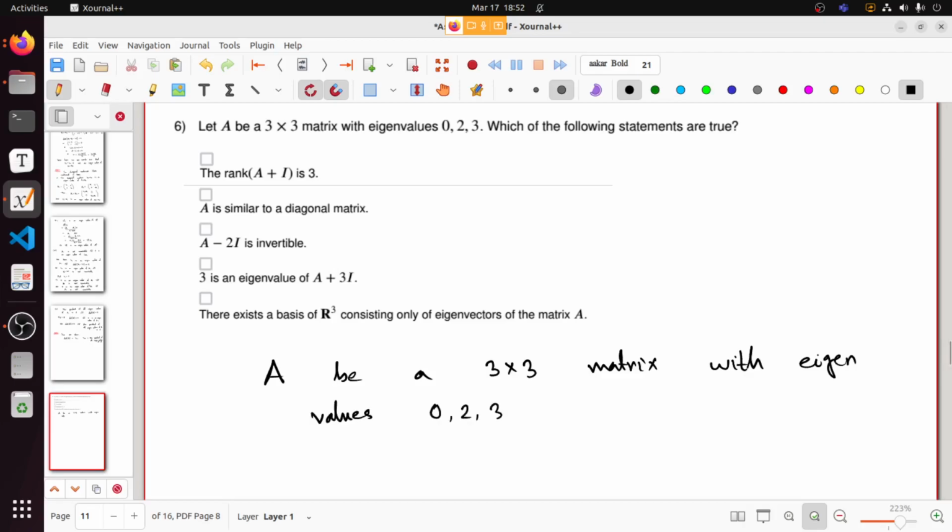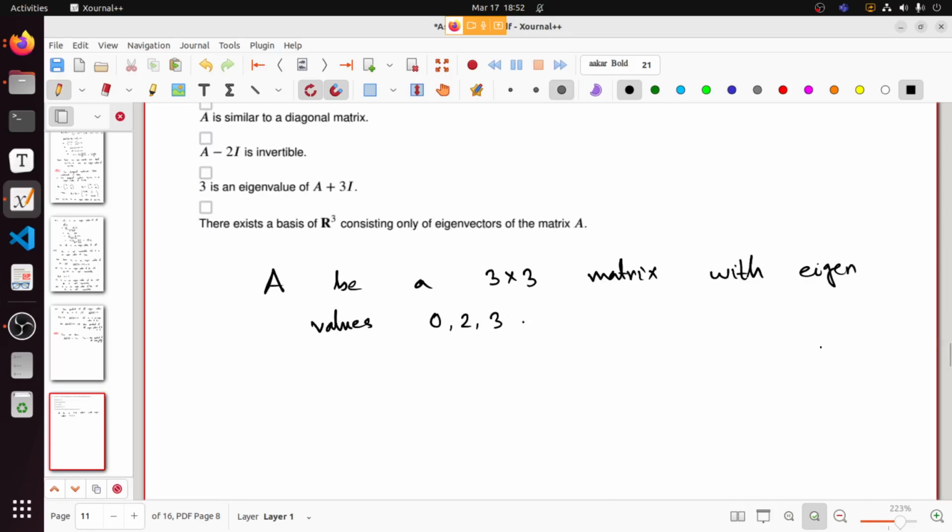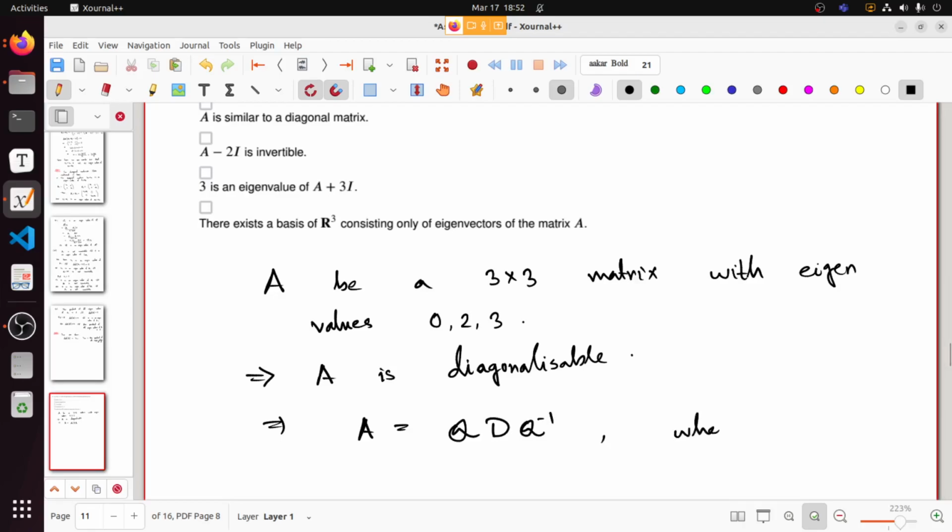A is a 3 cross 3 matrix and it has 3 distinct eigenvalues, which implies A is diagonalizable, which means A can be written as Q D Q inverse, where Q is invertible.